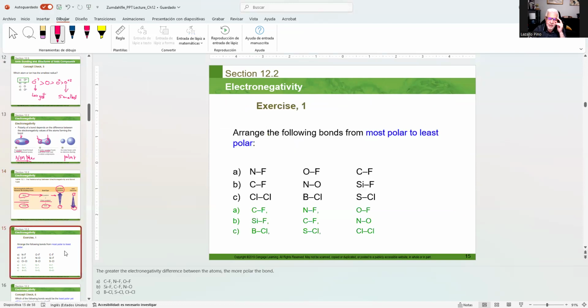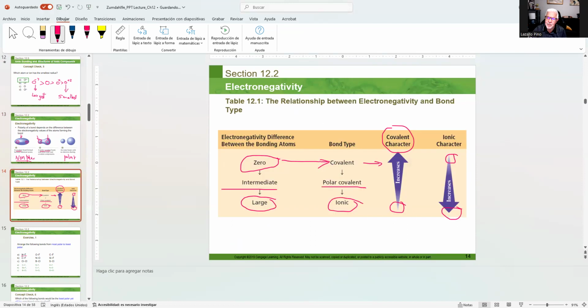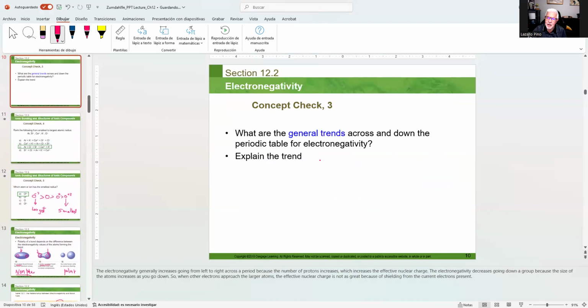Here we have a question. Arrange the following bonds from most polar to least polar. What are you going to do? Well, for example, here we have nitrogen and fluorine. You go to the table of electronegativity. Here we are.